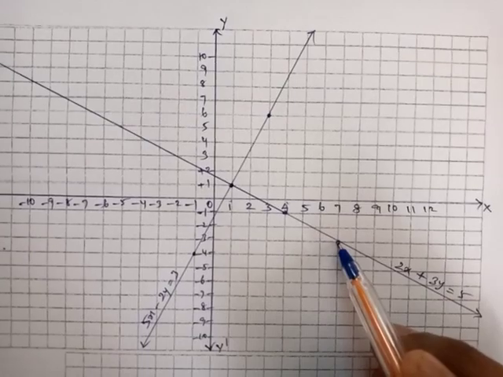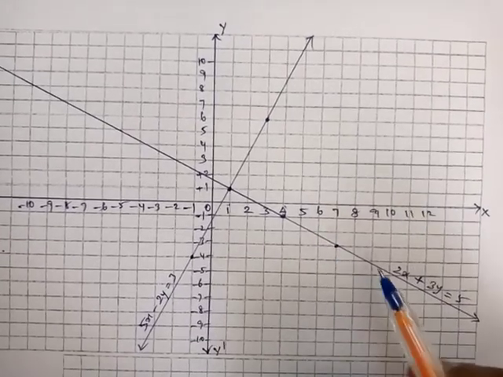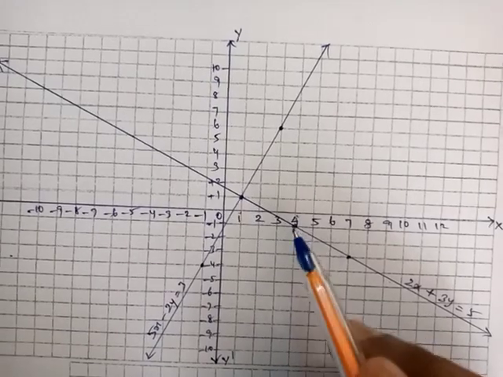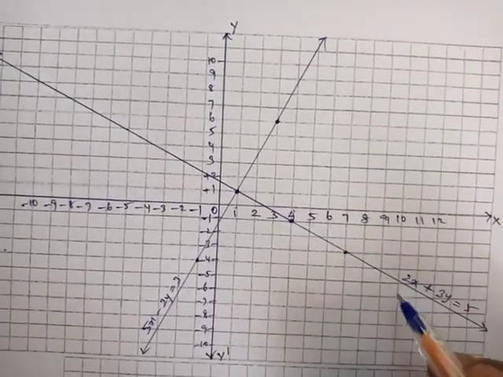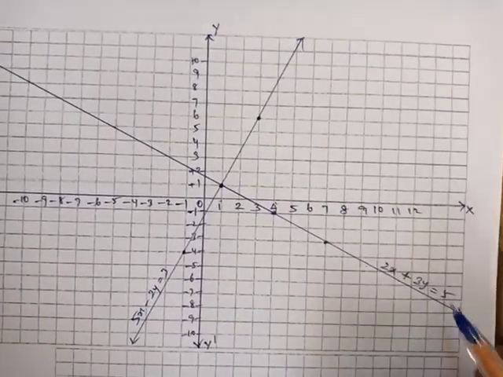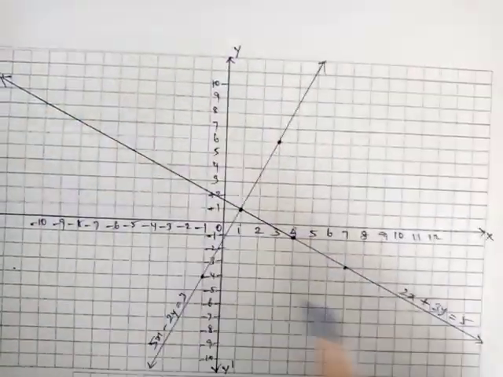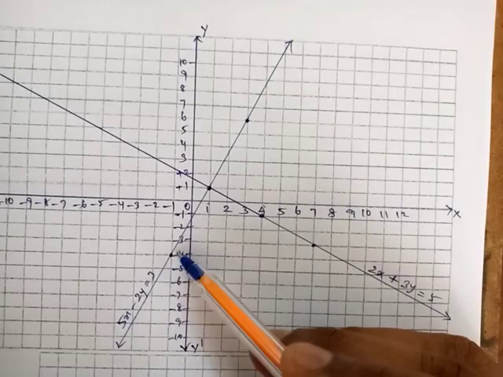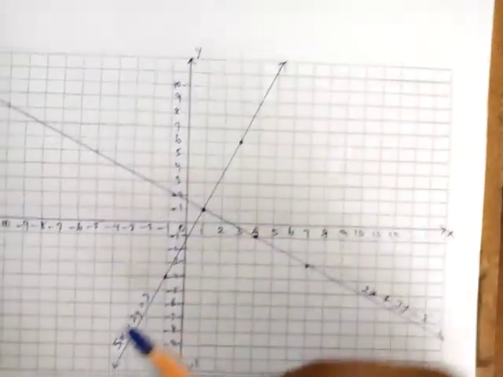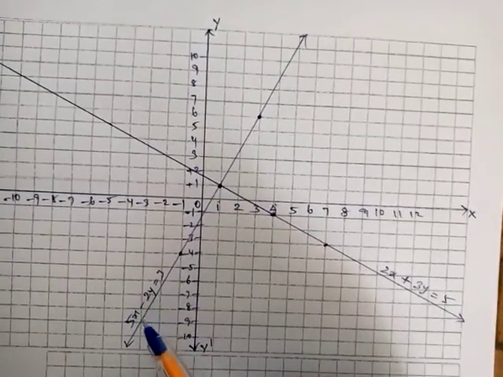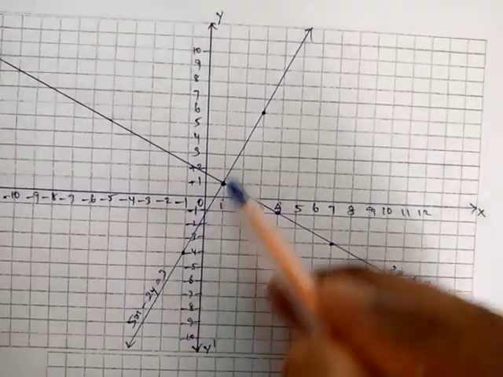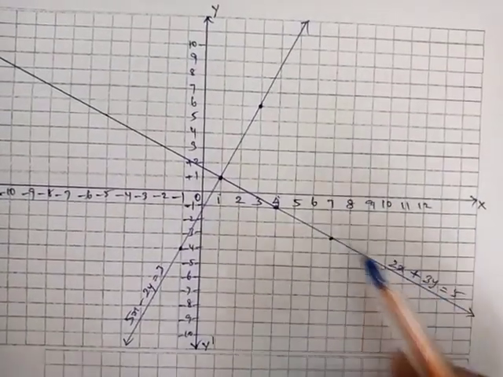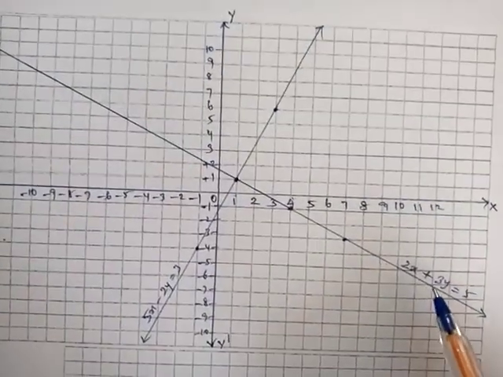So 7 comma minus 3 is a solution of this line, and 1 comma 1 is a solution of this line, 4 comma minus 1 is a solution of this line, and each and every point, this point, this point, this point, all these points are solutions of this line. Similarly, each and every point on this line is a solution of this equation. So many solutions are there for this equation. Here also so many solutions are there for this equation.